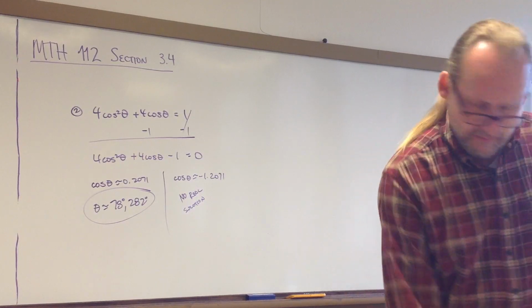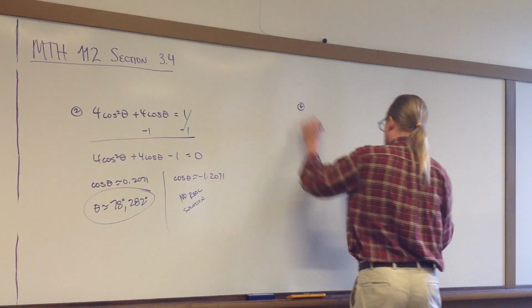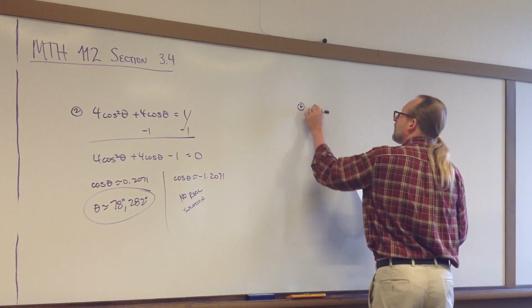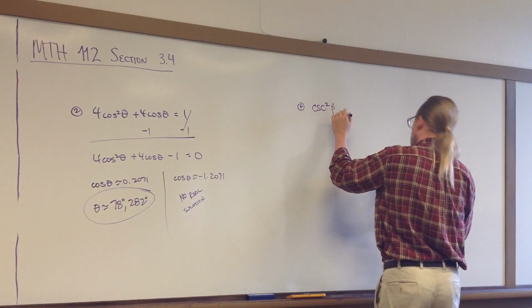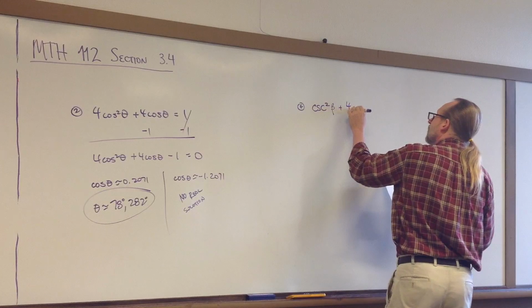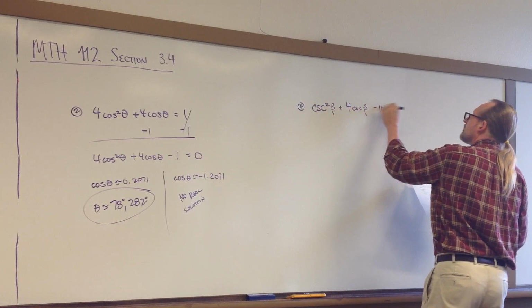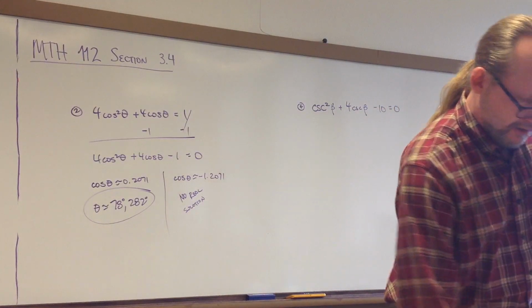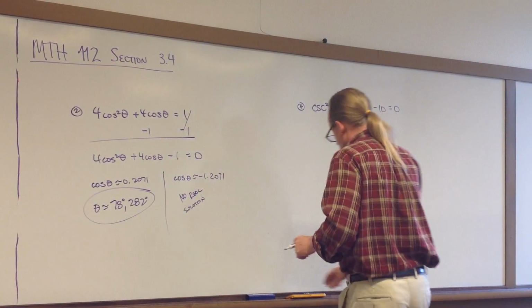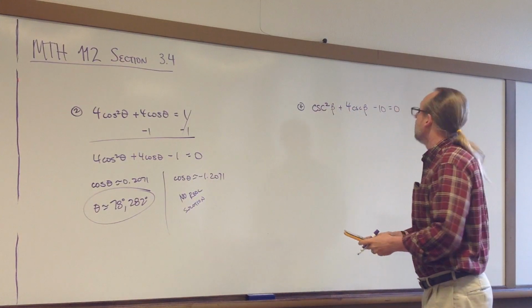Well, number 4. We've got cosecant squared beta plus 4 cosecant beta minus 10 equal to 0. This is in standard quadratic form already, and we can just run it through the quadratic formula.